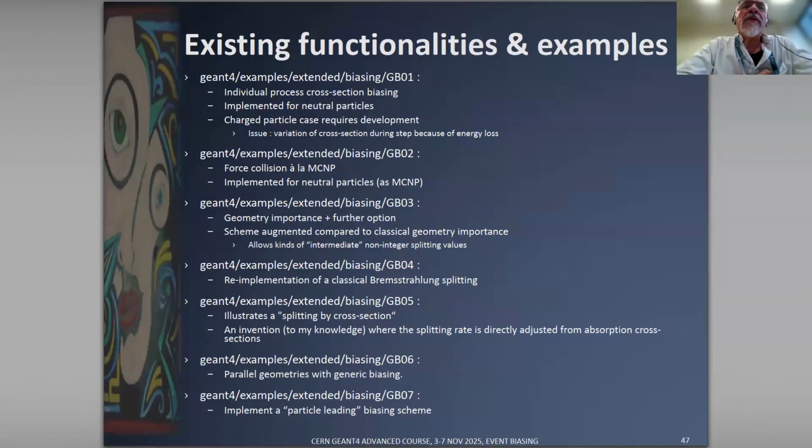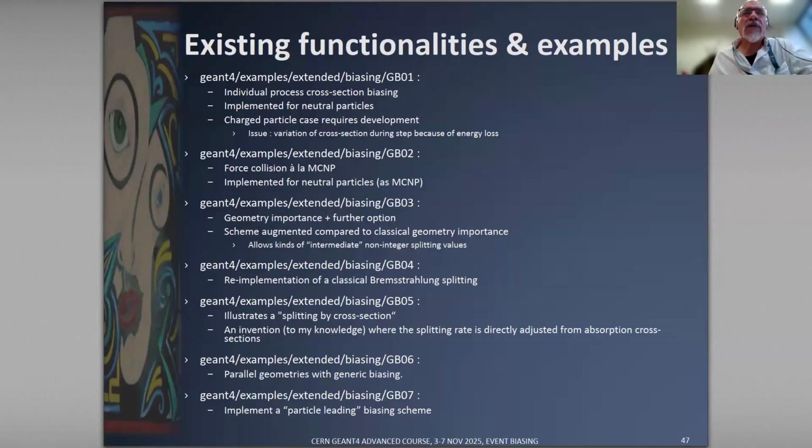GB04 is a reimplementation of the bremsstrahlung splitting. GB05 is a splitting by cross-section. If we speak about the splitting, you have to adjust the slice thicknesses to the problem.